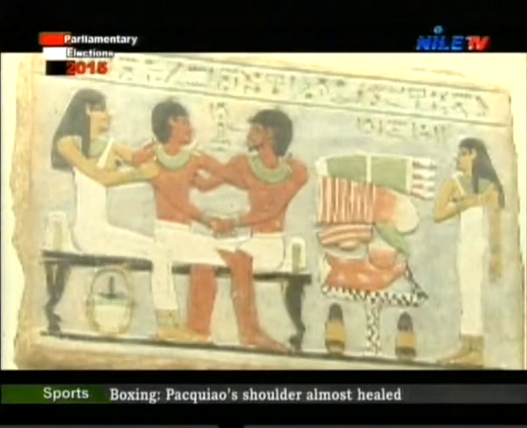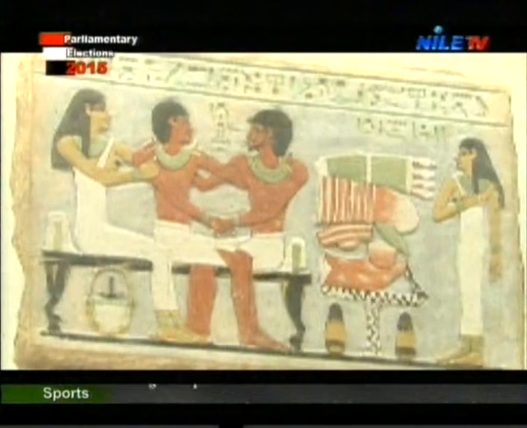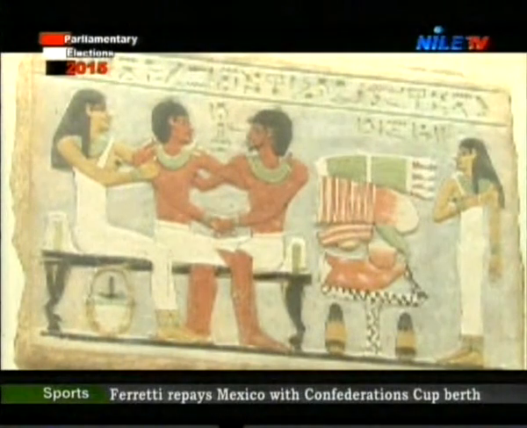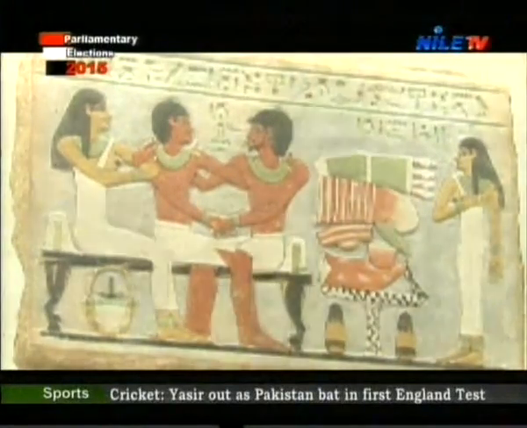And in between you can see the offering table heaped with different kinds of offerings to be offered for them in the afterlife. That's why you will always find hieroglyphic inscriptions with text telling us the different types of food and drinks. Like we have beer, we have bread, we have geese, we have so many kinds of offerings.